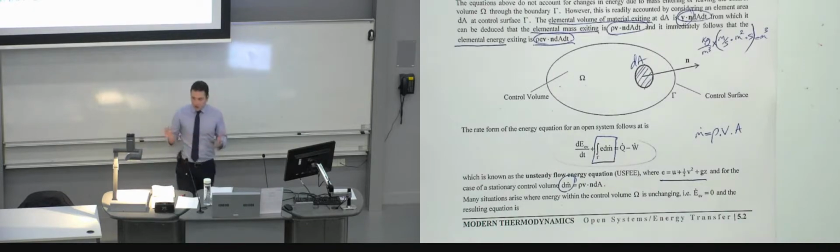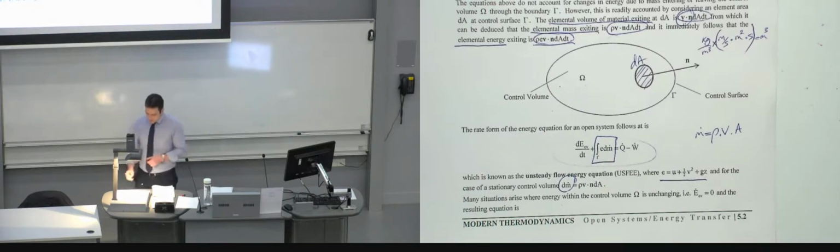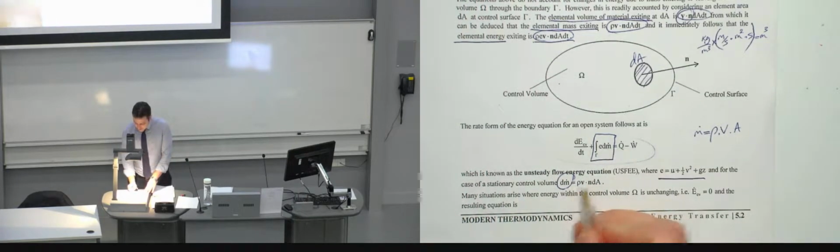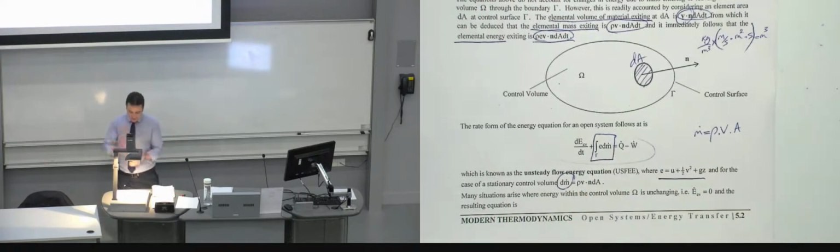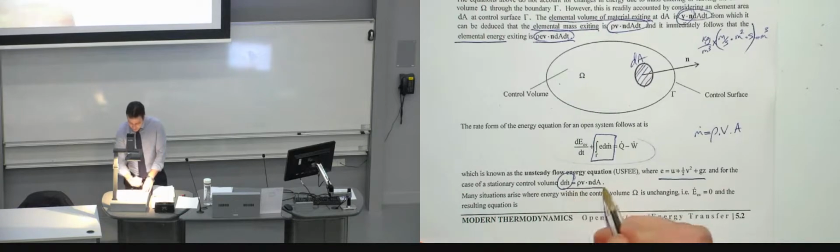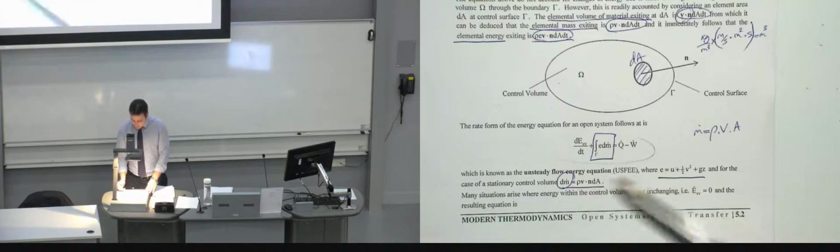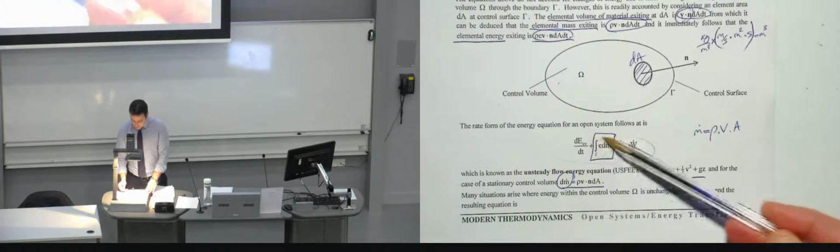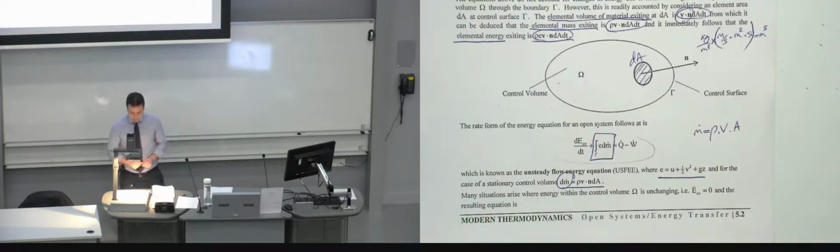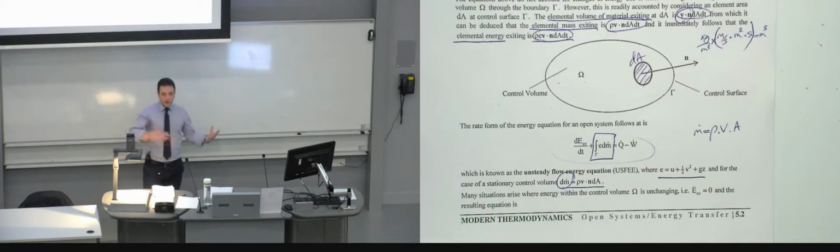We've used that a lot in different situations. Because V in here is the perpendicular component of the velocity, that would give us dm. And when these two are multiplied by each other, that's the extra term which accounts for the change coming in and going out of your control system.